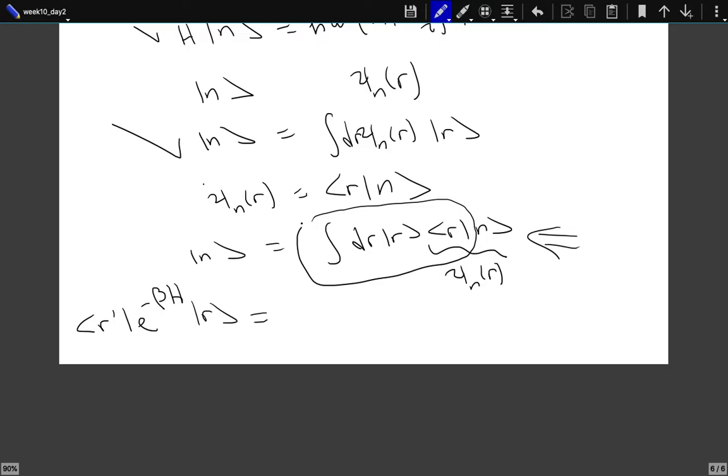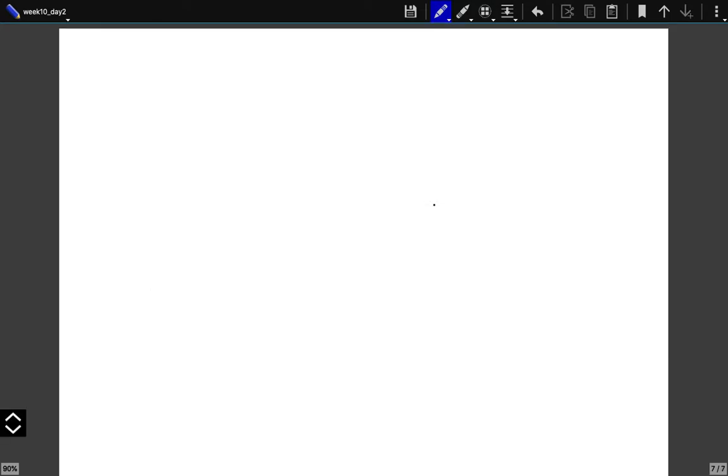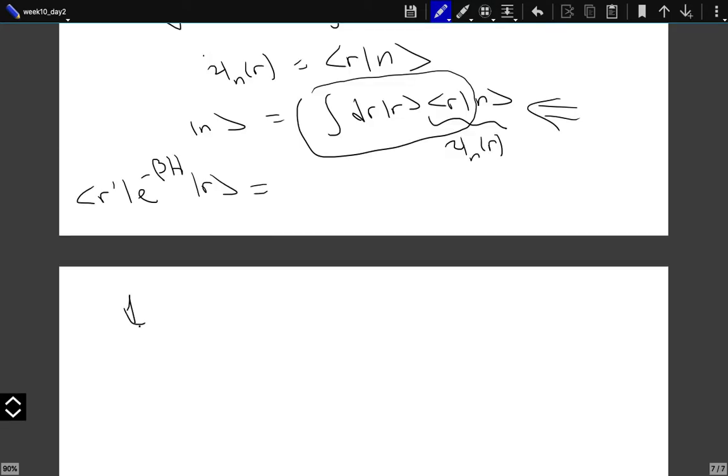We insert two identities. Well, let's start with one of them. So where should I insert? I mean, you want to insert this identity, right? Between the operator and the kets if you want. I want to insert this one. Well, let's see what this one will tell me.